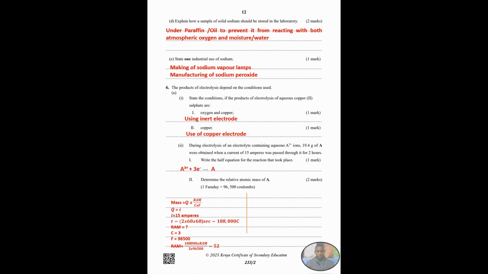So in this case, I take 2 times 60, that is 120, and then I multiply by 60. What do I get?